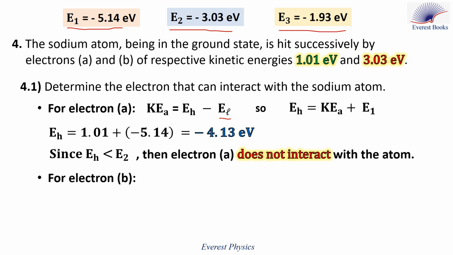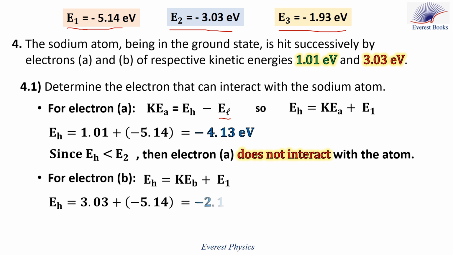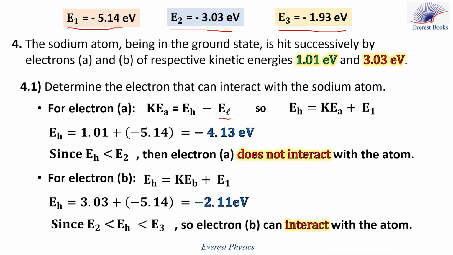Let's move to electron B. We will use the same formula. So EH equals minus 2.11 electron volts. Again, look at E1, E2, and E3. EH is greater than E2 and less than E3, which means that electron B can interact with the atom. Why? This will be explained in the next slide.